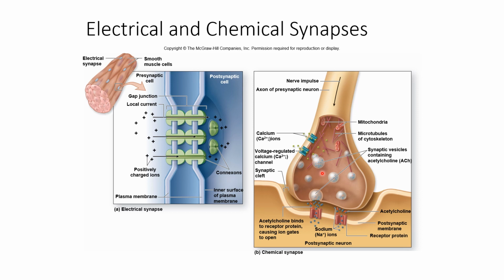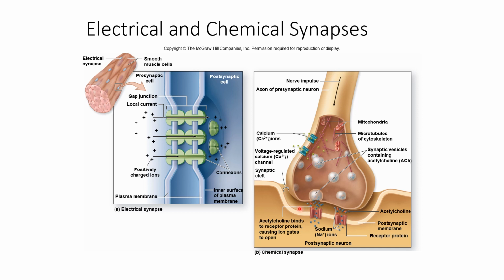What's going to happen is that when it becomes more positive, a voltage-gated calcium channel is going to be triggered to open, and calcium is going to start rushing inside of the axon terminal. Once calcium has rushed inside of the axon terminal, the calcium is going to bind to some special proteins inside of your axon terminals, and the vesicles are going to be triggered to release the neurotransmitter that they are carrying.